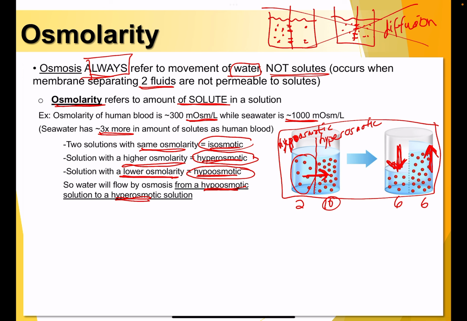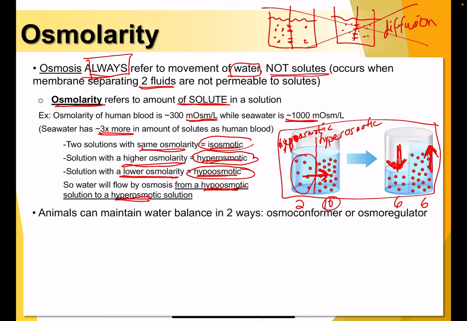All right. So animals can maintain water balance in two ways. One is where we call them osmoconformers, or we can call them osmoregulators. What does that mean?